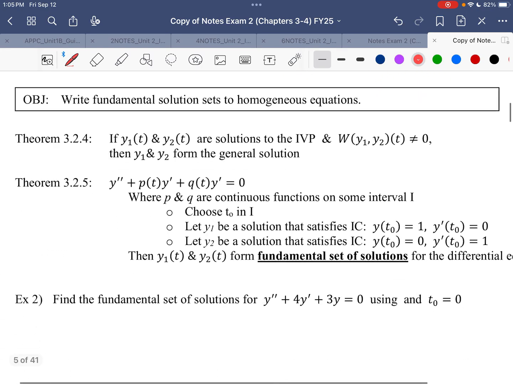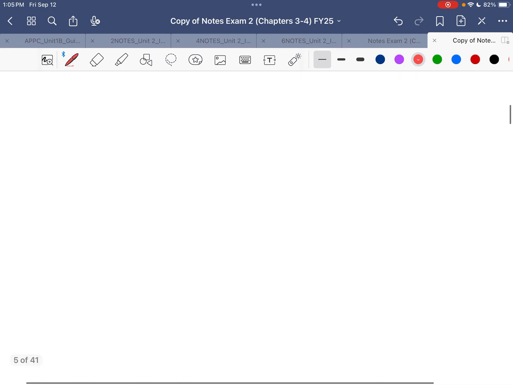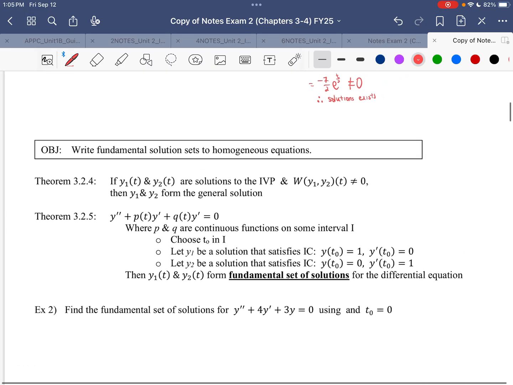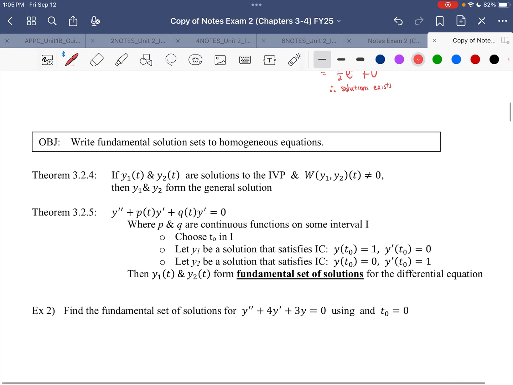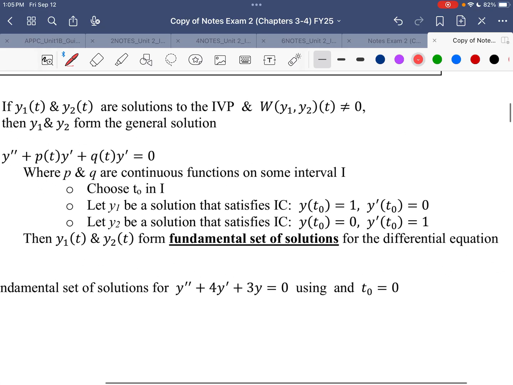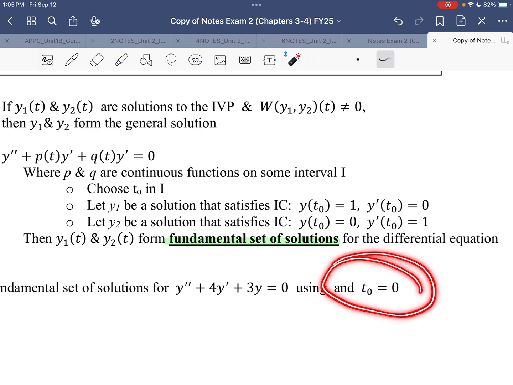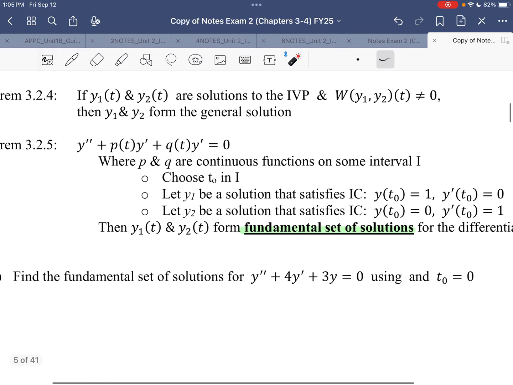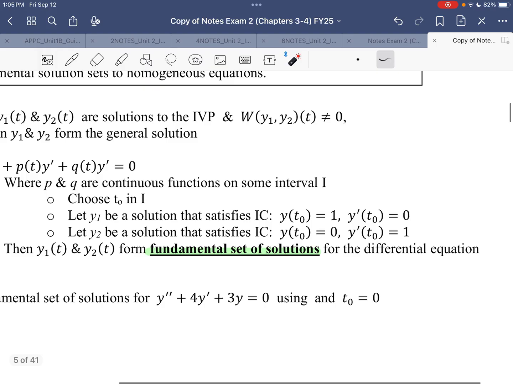The thing with these that gets a little complicated is that we have to find a fundamental set of solutions, which we haven't done yet. If you look at the example, it doesn't tell you the y value or the derivative, so we're leaning on the fundamental set of solutions definition.